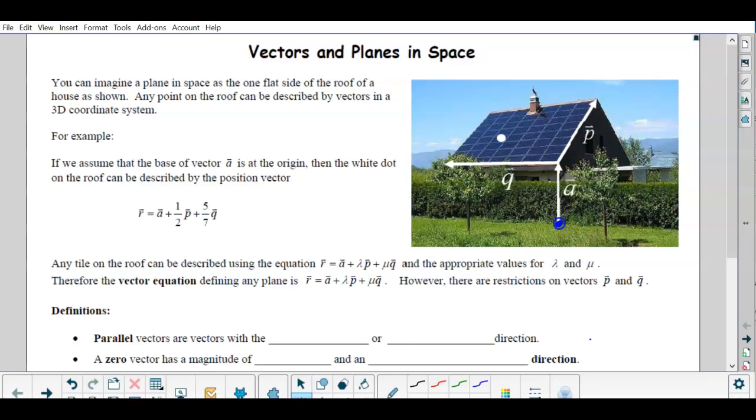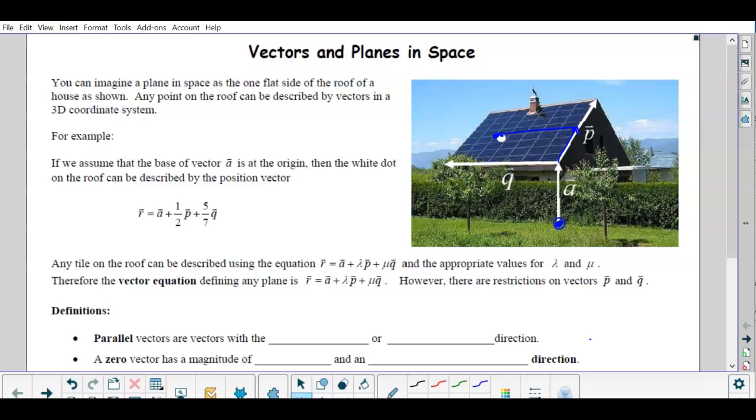So that gets us up to here. That's half of P. And then 5/7 of Q. 1, 2, 3, 4, 5, 6, 7. So 1, 2, 3, 4, 5. Really that dot is more like here. But in this case, we have to be on the plane, and then we travel this vector plus this vector to get to that point.